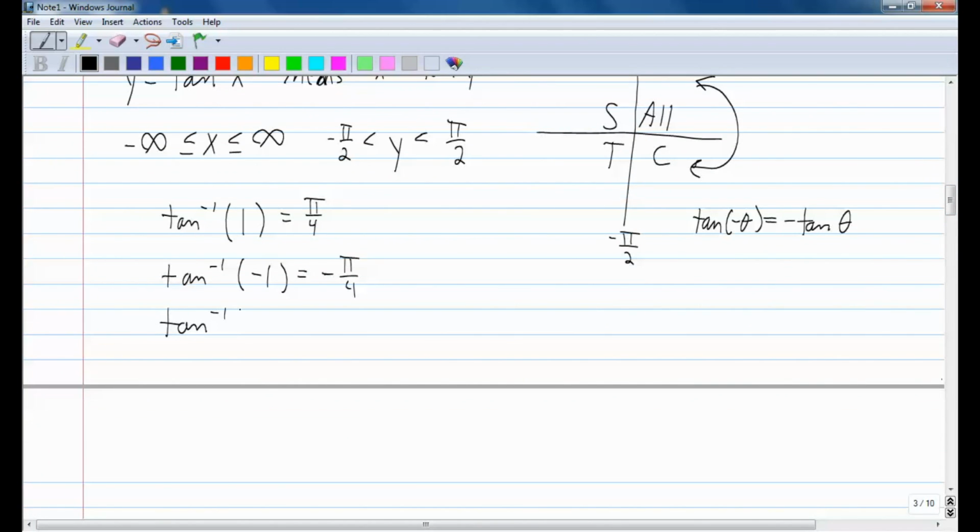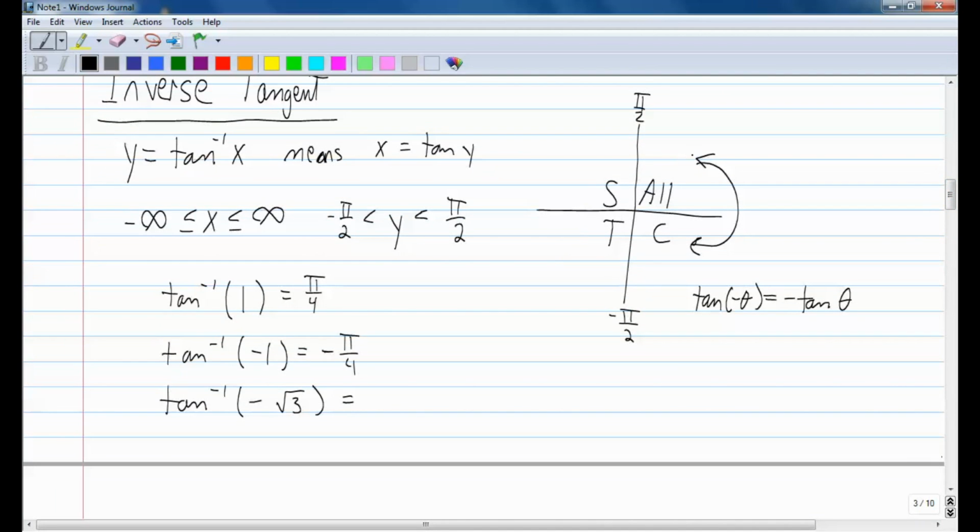Alright, what about the inverse tangent of negative square root of 3? So what you need to say to yourself is, okay, first, the tangent of what is a positive square root of 3 in the first quadrant?